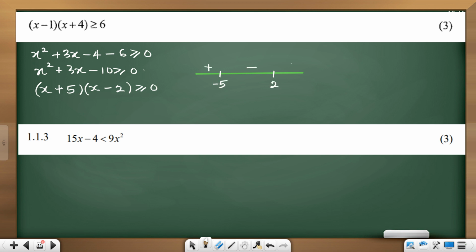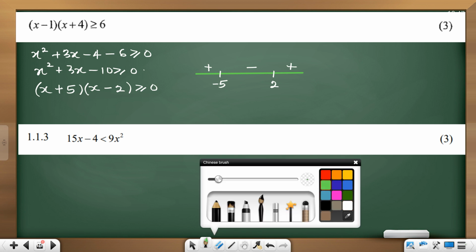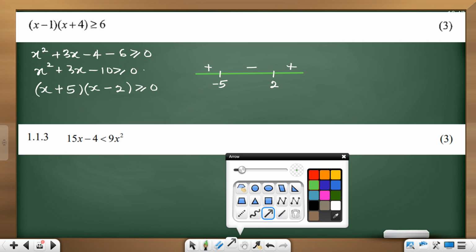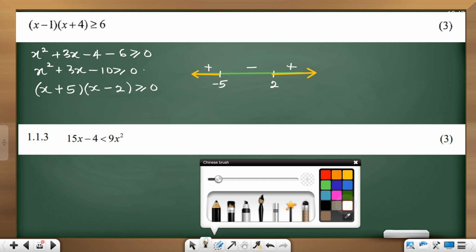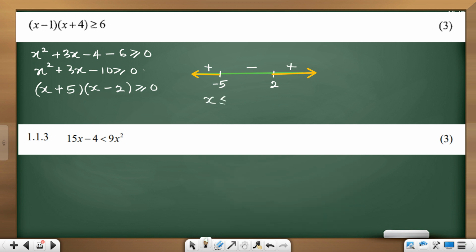It is plus, minus, plus. We are looking for things that are greater than 0, which means they must be positive. It's from negative 5 that way and 2 that way. Once I have that, I am done with this question. X is less than or equal to negative 5, or x is greater than or equal to 2.